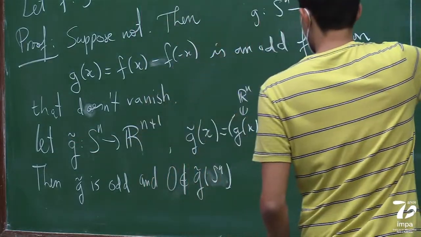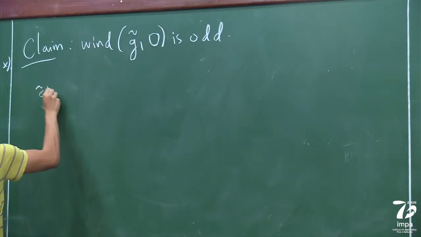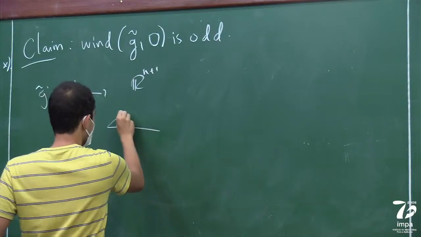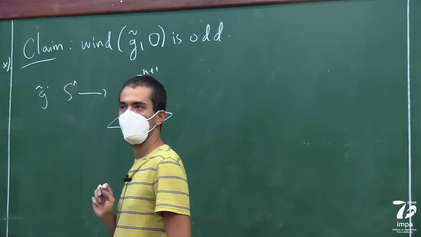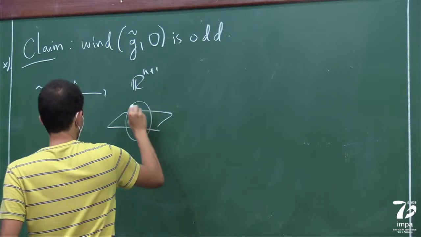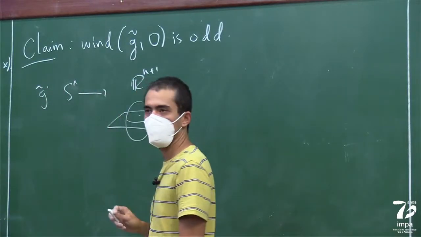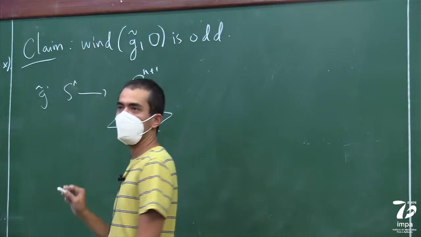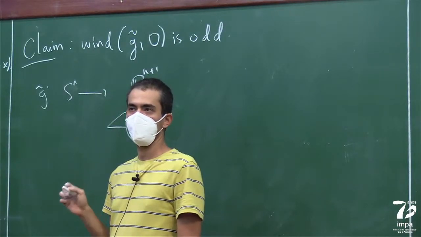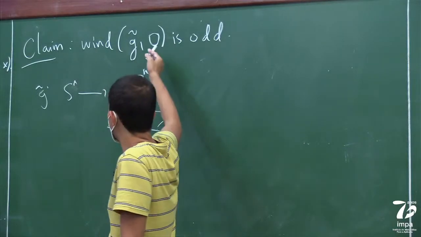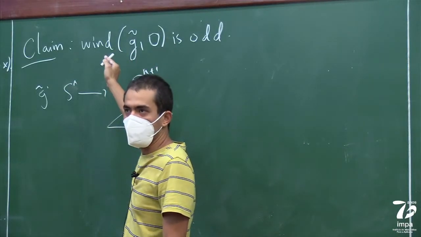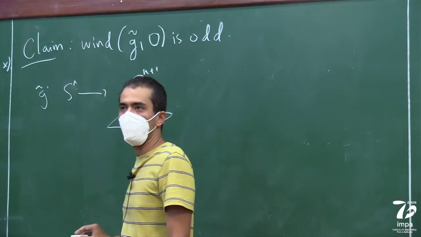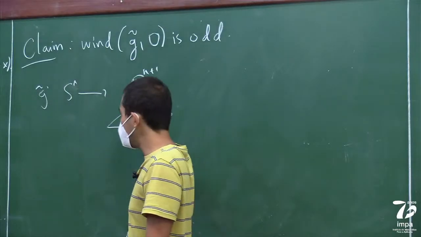Your g tilde takes Sn to Rn plus 1, but really the image is contained in just one hyperplane. So when you divide g tilde by its norm, the image of that will be contained in the equator of a sphere. So that's why it can't have an odd degree: it's contractible on the sphere, or in other words, it doesn't hit most points of the sphere.